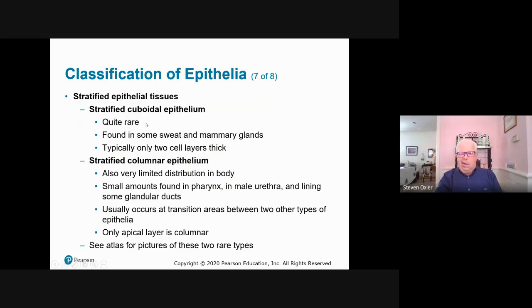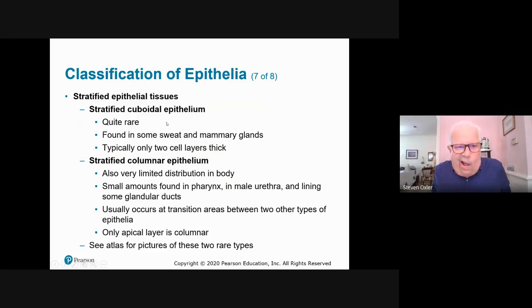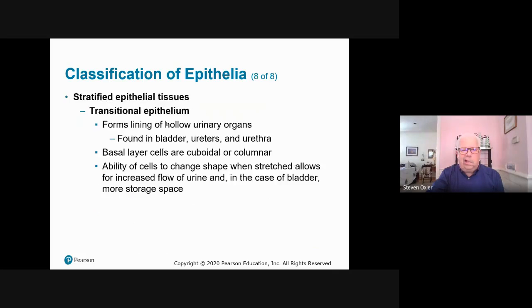Okay, I'm not going to ask you any questions on these rare things. There's no reason to worry about these two. What I'm going to ask you a question on is stratified squamous epithelium. That's what's more important and much more abundant than these other epithelial cells.